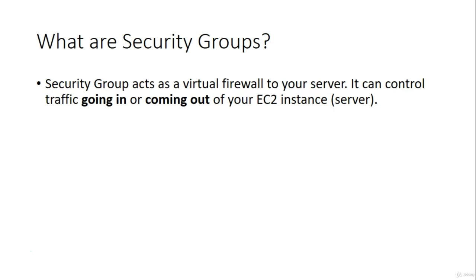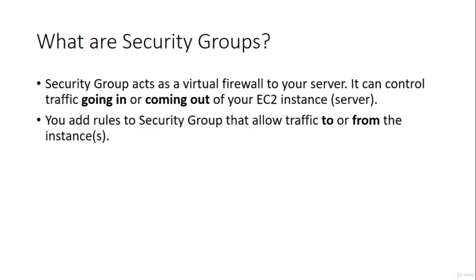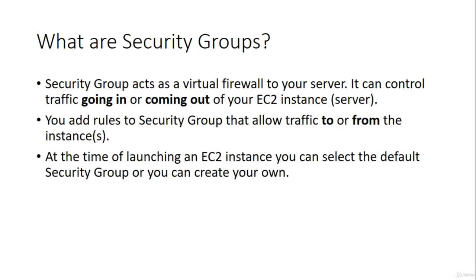It can control traffic going in or traffic coming out of your EC2 instance. You add rules to the security group that allow traffic to or from the instance or instances. At the time of launching an EC2 instance, you can select the default security group or you can create your own.